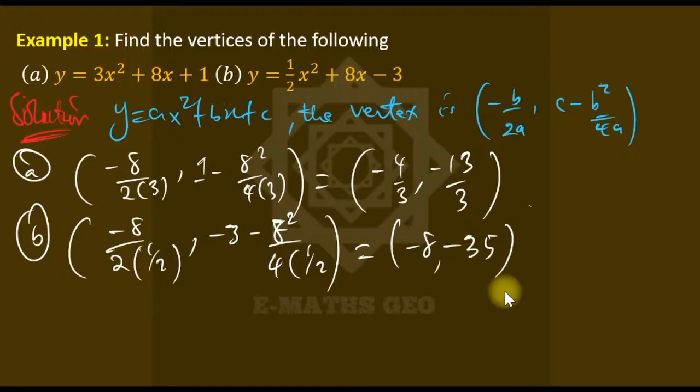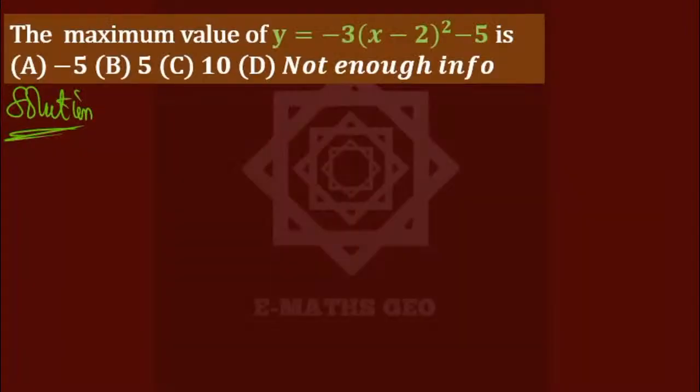So we are correct. The same way now, if we are asked to find the maximum and the minimum, so both the maximum and minimum, you say, okay, look at this question now. We have two forms of quadratic function.